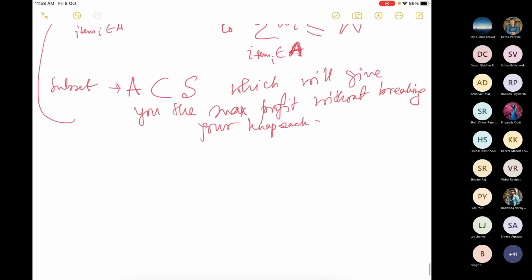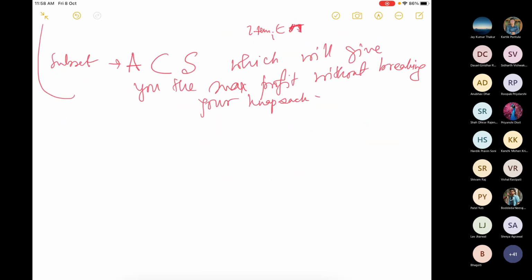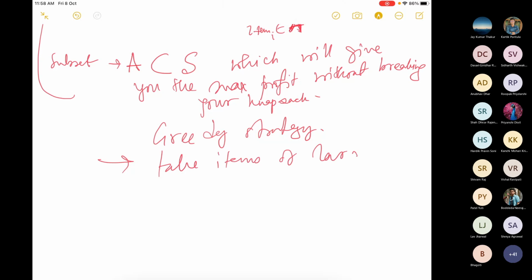Now there could be a greedy strategy. You can think of a very simple greedy strategy. Suppose I tell you one greedy strategy could be to take items of largest profit.